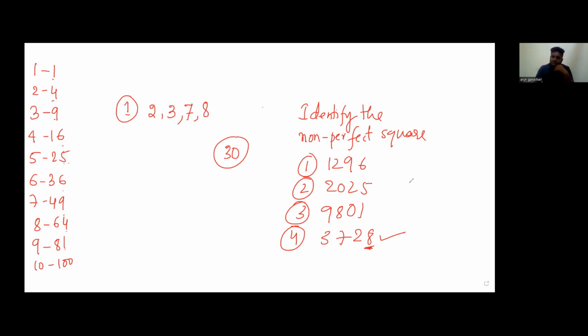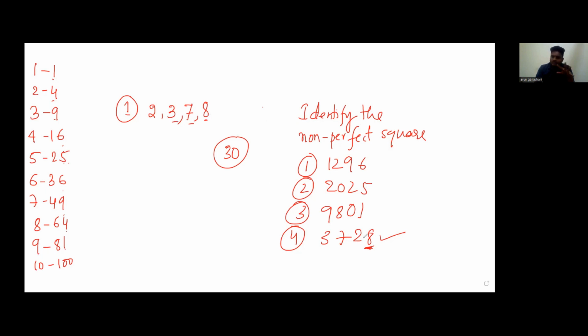Then it is a non-perfect square. Understanding this? How is the decision being made? We are concentrating only on the last digit. The unit digit has to contain numbers apart from these to be a perfect square.